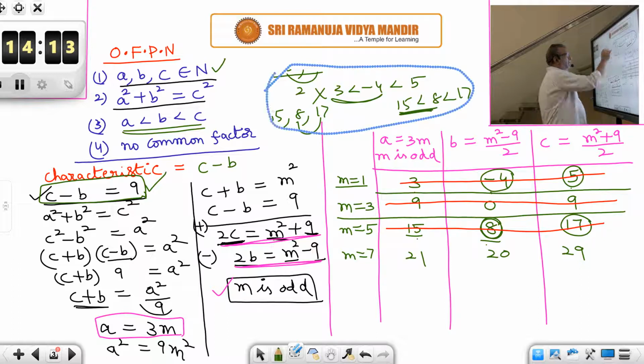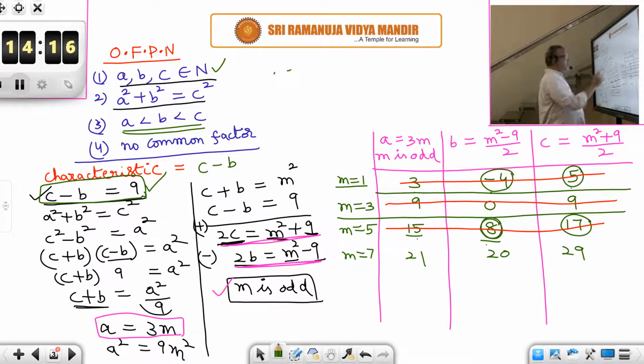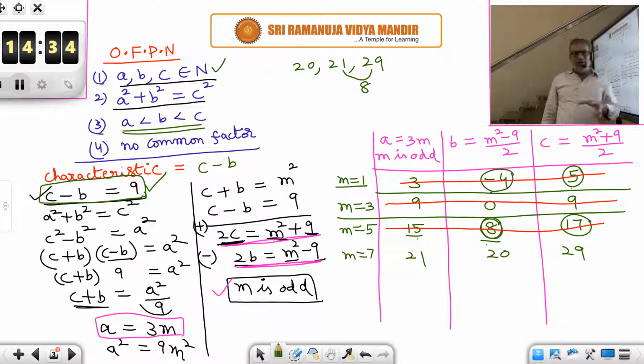The reason is, again, these are actually the numbers 20, 21, 29 in the order if you place. 20 less than 21, that is the order, and actual characteristic is 8. And in the list of all OFPN with characteristic 8, 20, 21, 29 is the topmost one. That is the first one.